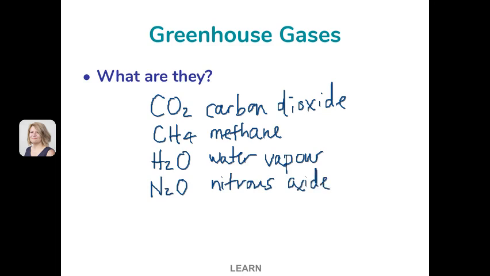These gases are alike in that they all have chemical bond configurations that allow them to absorb those infrared photons. So remember, just like we saw in the model for carbon dioxide, all of these gases will absorb that infrared photon as it is being reflected back up into the atmosphere, vibrate, and then release it.